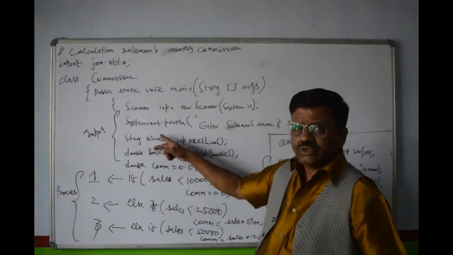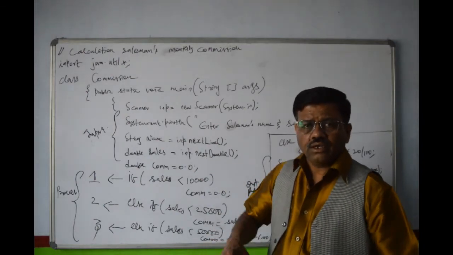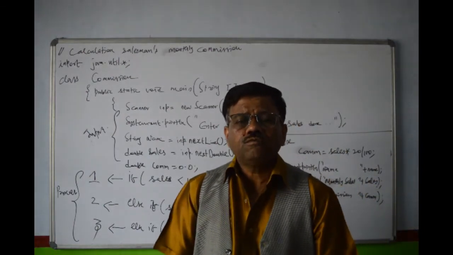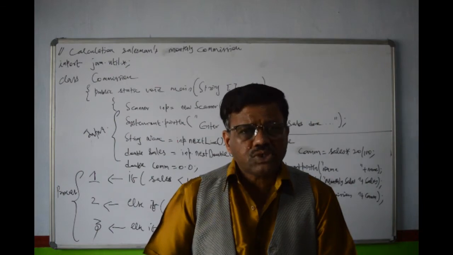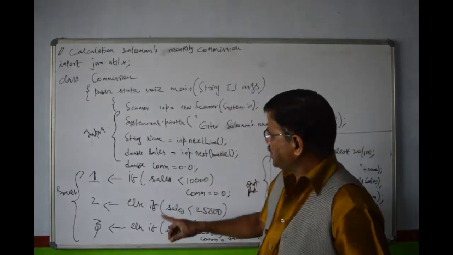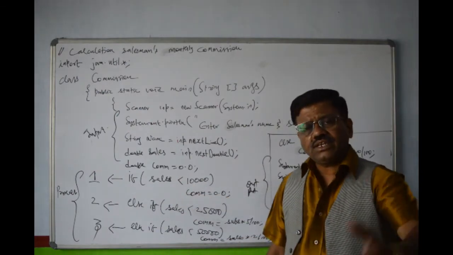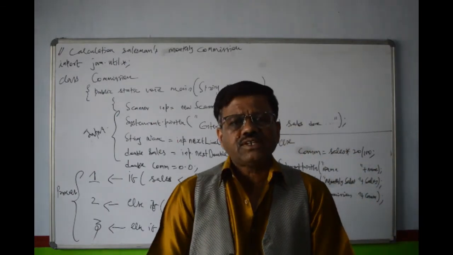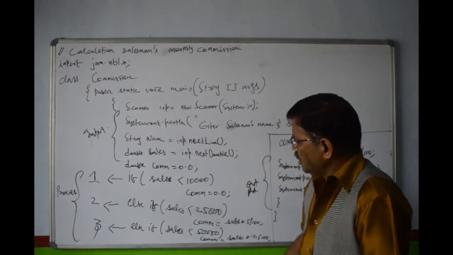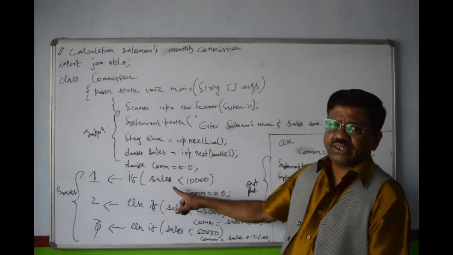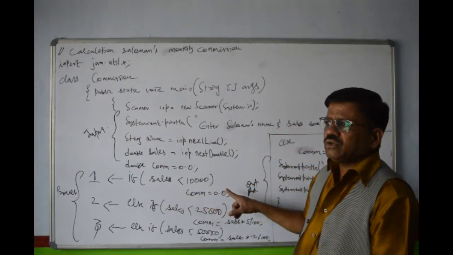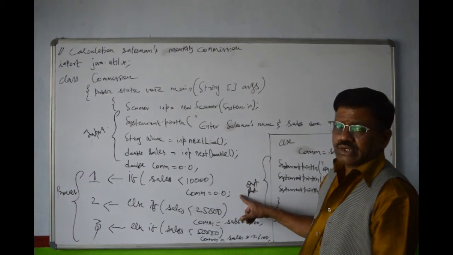Once these two are given correctly, we are expected to compute the commission of a salesman. These are the conditions given clearly in your ICSE question itself. If the sales done per month is less than 10,000, you are entitled to get zero commission.